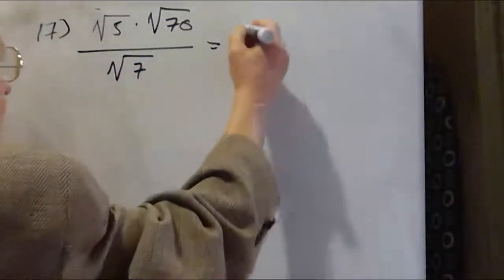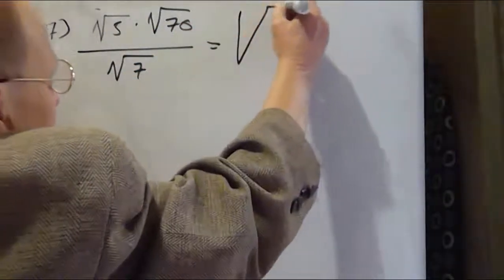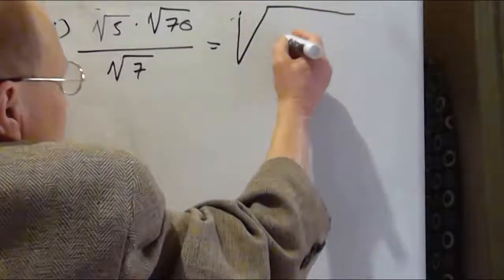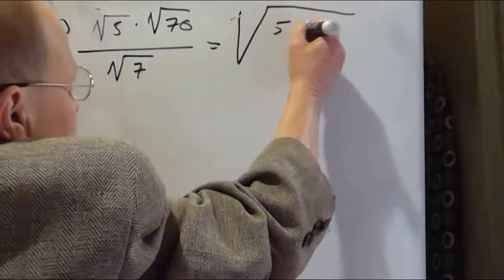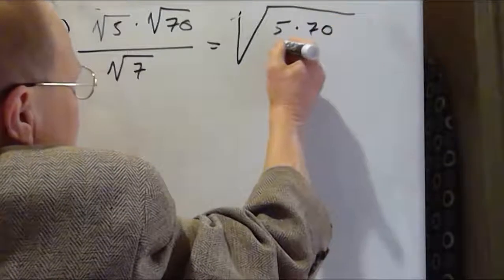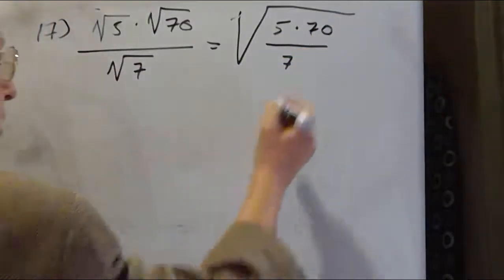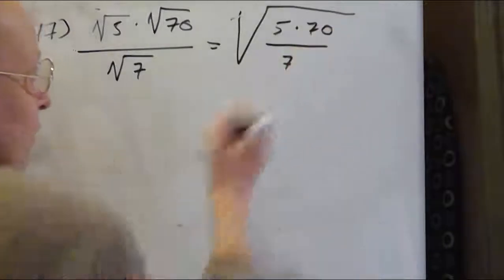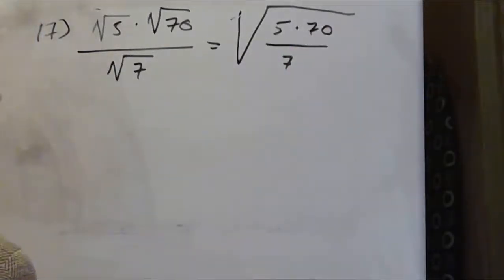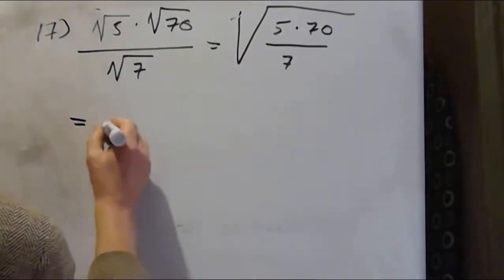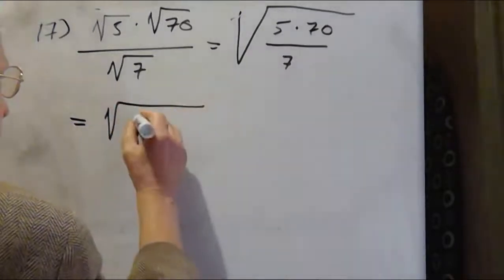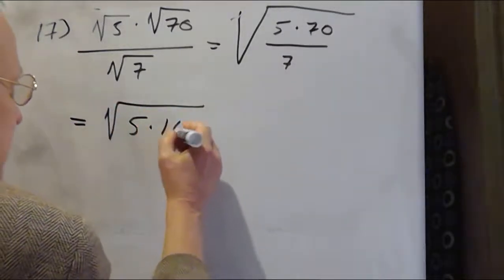if we take all these square roots and we put it together under one square root, we have 5 times 70 over 7. And we can see right away that 7 goes into 70 10 times. So that means now we have the square root of 5 times 10.